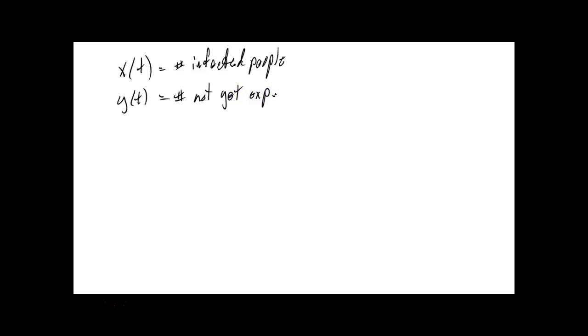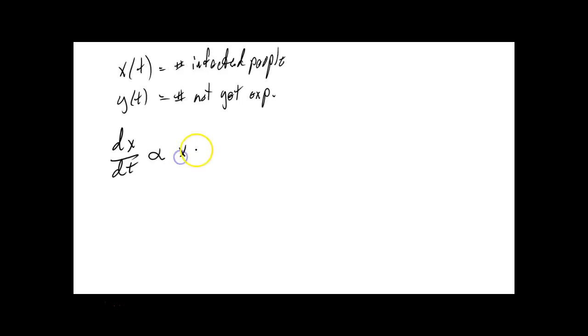It seems reasonable to assume that the rate at which the disease spreads, in other words, the rate at which the number of exposed people is increasing, that's dx/dt, would have to be proportional to the interactions.